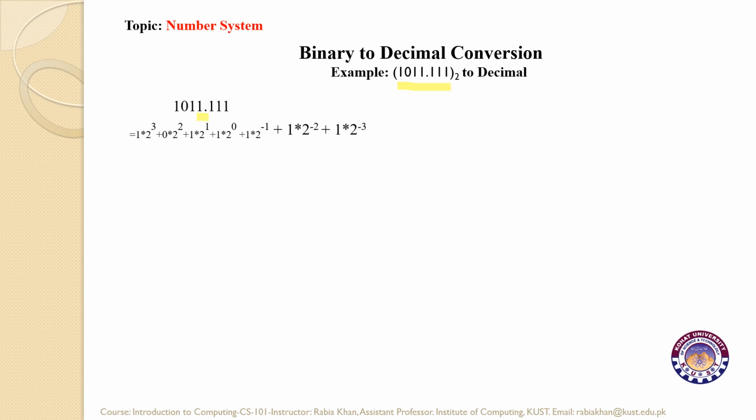1 is multiplied by 2 with power 0. Another 1 is multiplied by 2 with power 1. 0 is multiplied by 2 with power 2, and this last one is multiplied with 2 with power 3. Fractional part, here it is: the first one is multiplied by 2 with power minus 1.